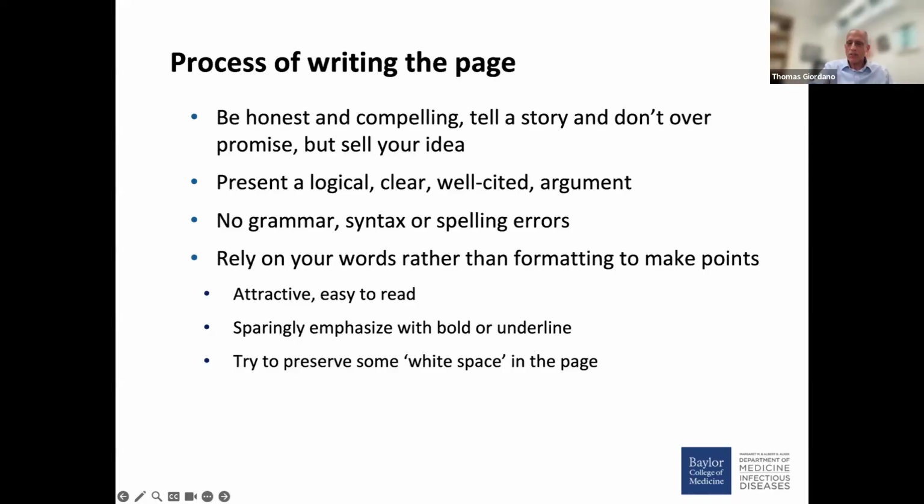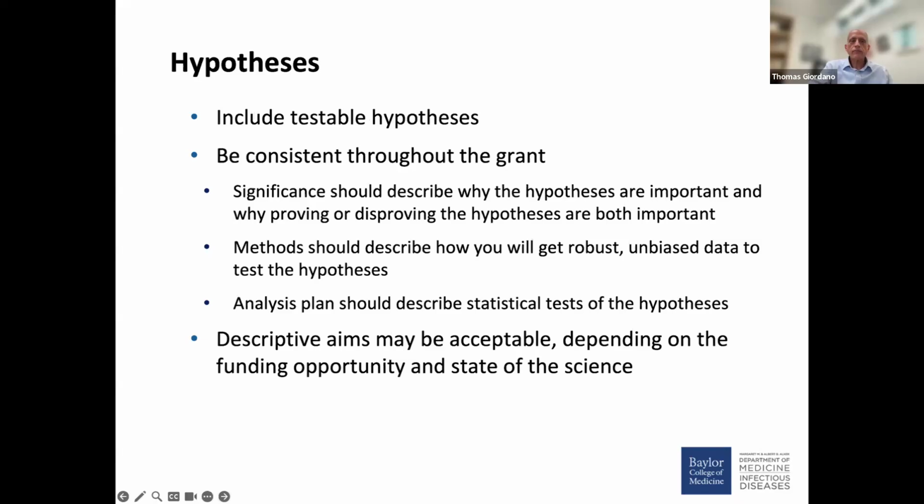That's beyond the aims page, but it relates to how you set up the aims. From the hypothesis standpoint, you need to include testable hypotheses. Certainly for an independent grant like an R01, you need to have hypotheses.